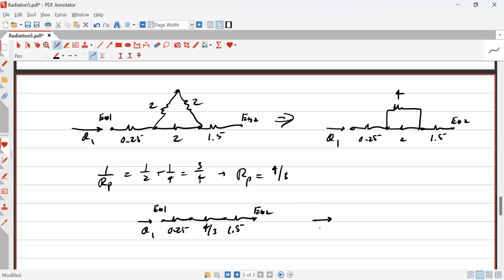So the last one we have is Q1, which goes into EB1. Then we have EB2, and the equivalent resistance here is 3.083, if I did the math right.